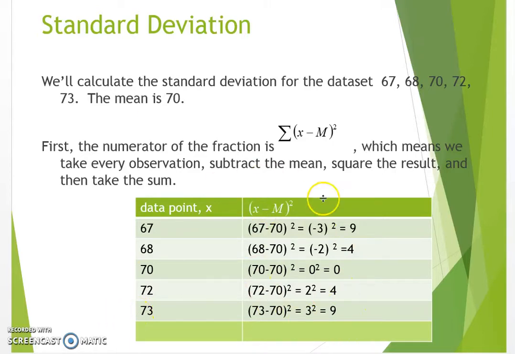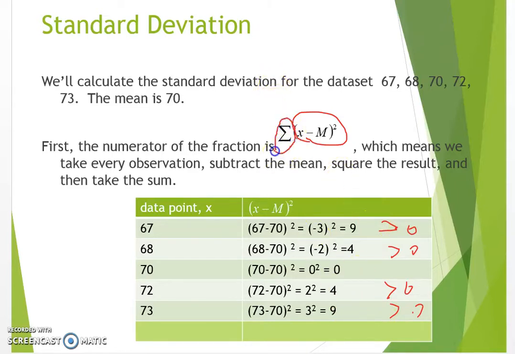This column is x minus m squared. And notice that all of these numbers are positive, greater than 0. You don't have negative numbers. So we've found x minus m squared for each individual observation.